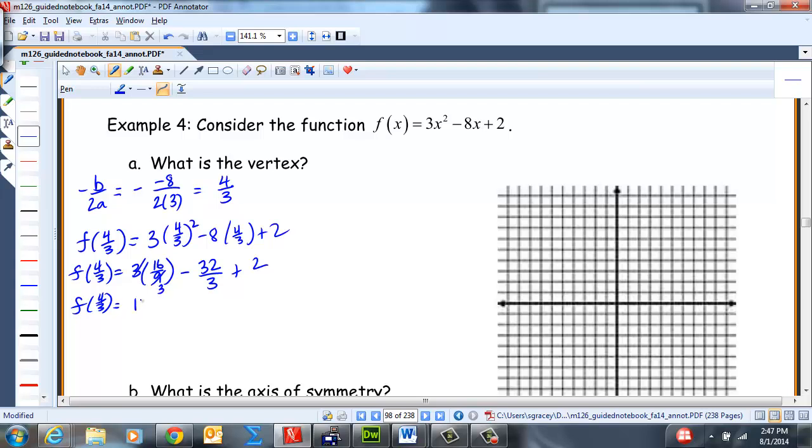So we'll have 16/3 minus 32/3. And then getting a common denominator for that 2, we need to multiply by 3/3. So we'll get 6/3. So f at 4/3 is, I think, -10/3. So our vertex is at (4/3, -10/3).